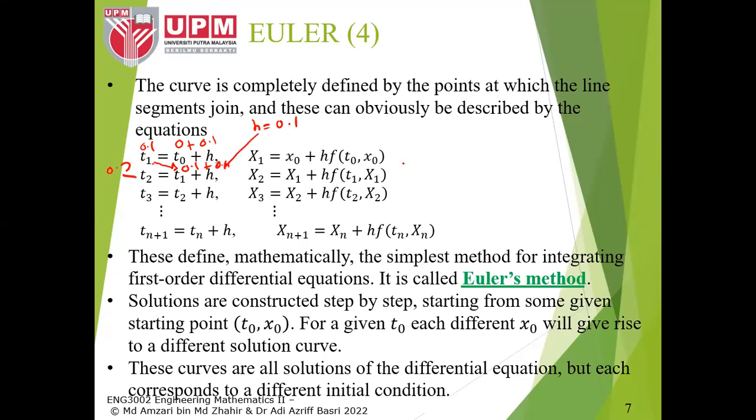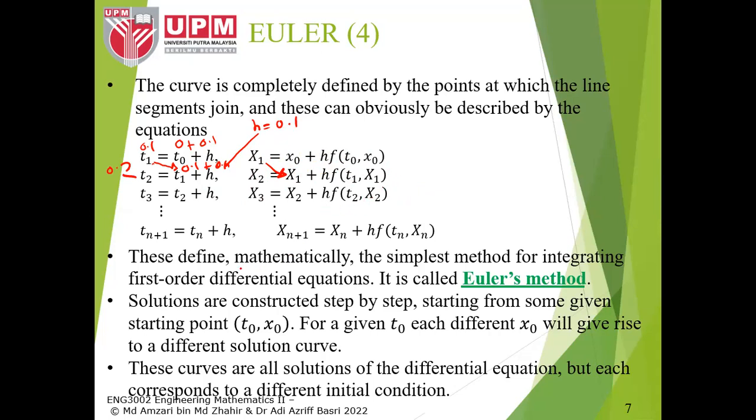So it is a time step. In terms of function x, it will also be affected. You get the first, x node plus h times the function, then x2 is x1 plus the time step times the function. This keeps repeating in order until you reach the final point.